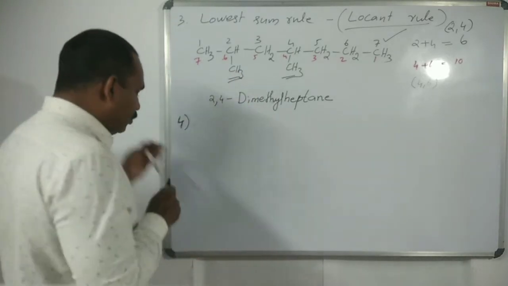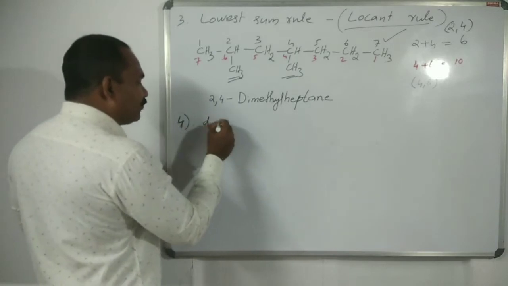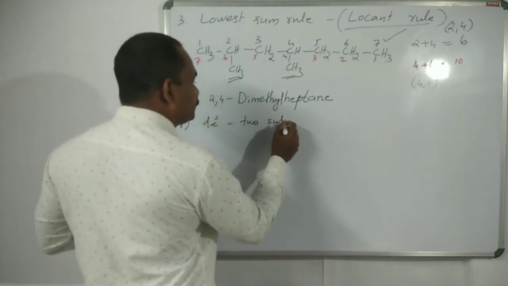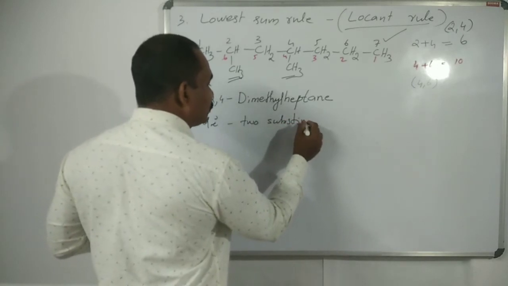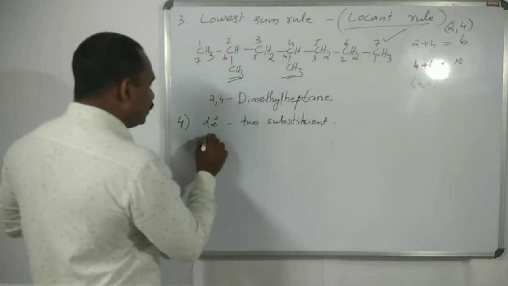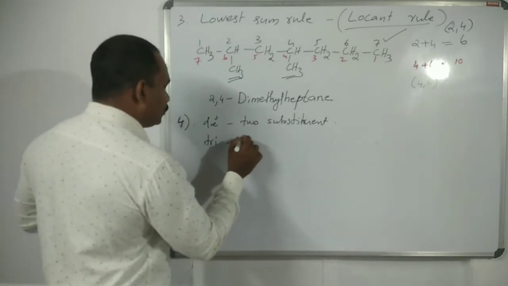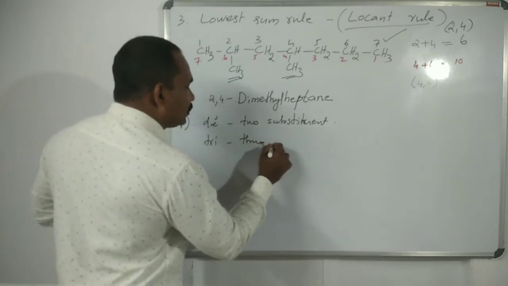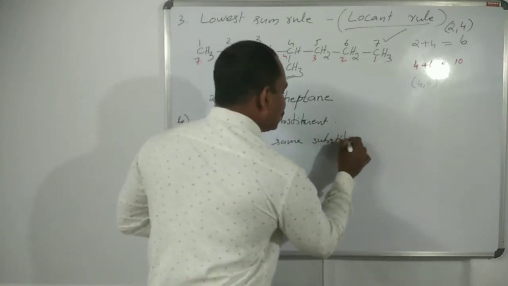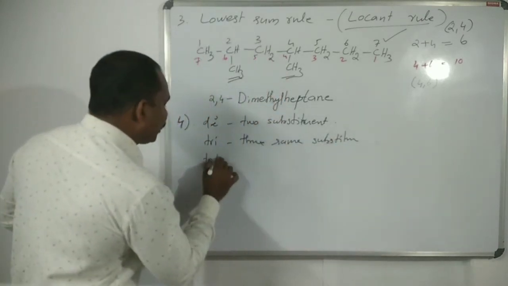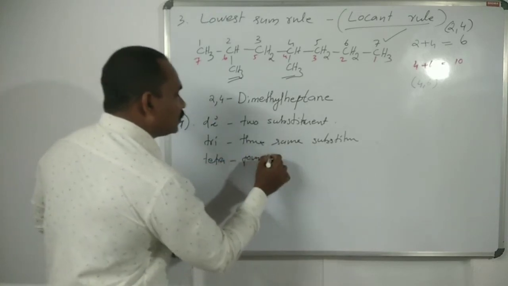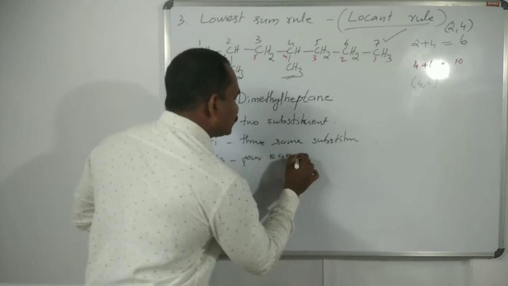Di for two same substituents, tri for three same substituents, tetra for four same substituents.